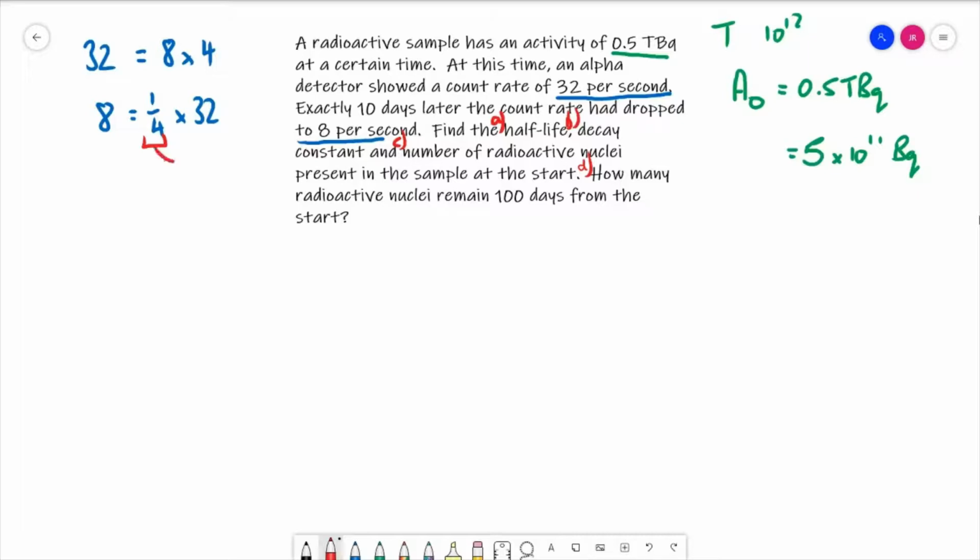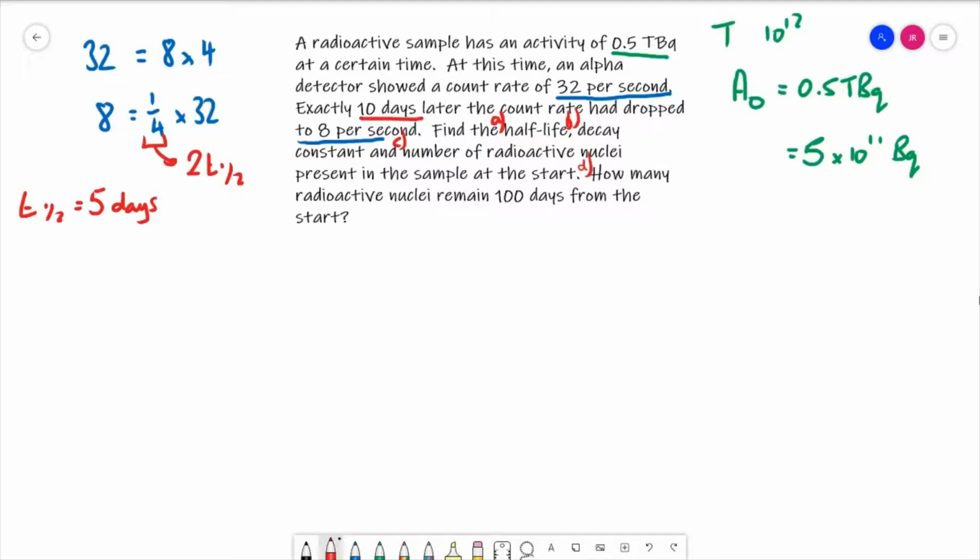If we have a quarter, we know that that is 2 half-lives. And if you go back 2 videos to Nuclear Physics 4, you'll see the rationale behind that. So therefore 2 half-lives have elapsed, 10 days overall have elapsed, and therefore, nice and easy for A, our half-life is 5 days.